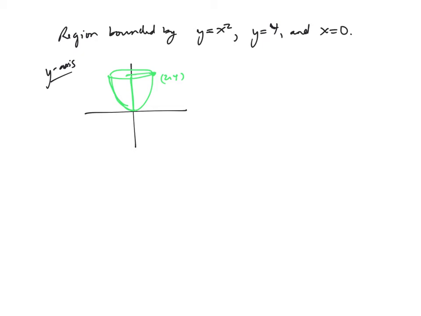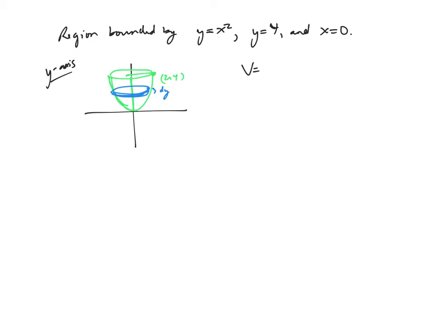So the first thing I'm identifying is, is this a washer or a disc? In other words, is there a hole in the middle? And because that whole thing is solid, if I take a slice out here, there's no hole in the middle when I bring that out. And I'm also recognizing that there's a thickness with respect to y, a small change in y, and therefore this is going to be a dy problem. Okay, so anytime we're revolving around the y-axis, we're slicing horizontally and ending up with dy.